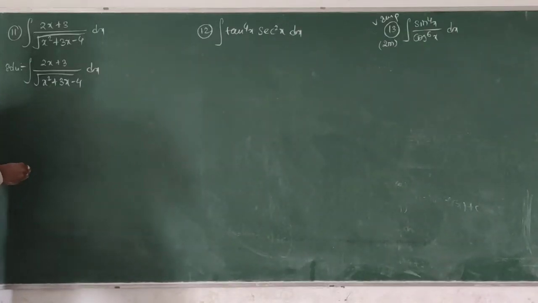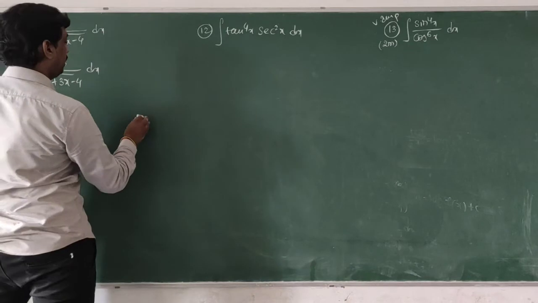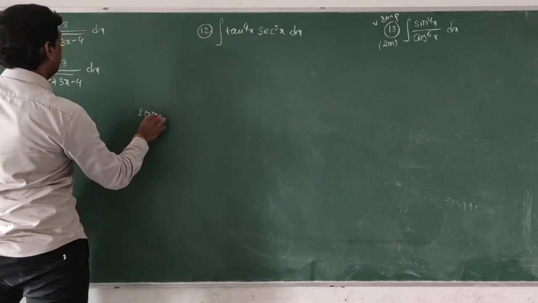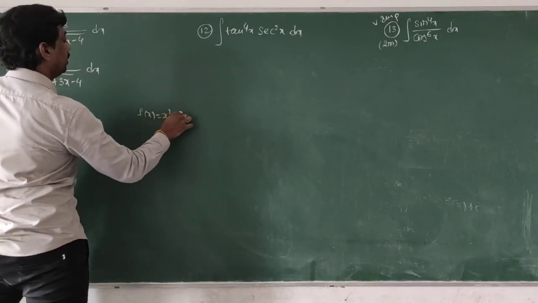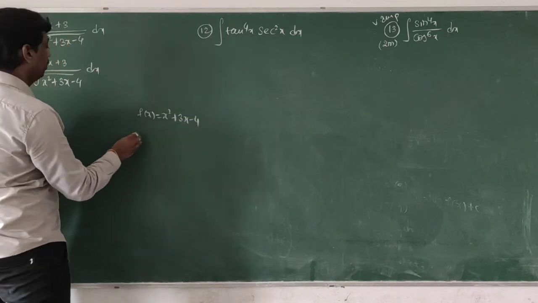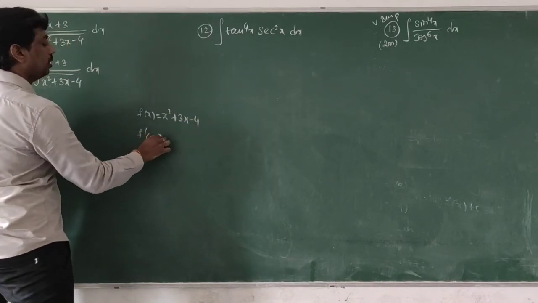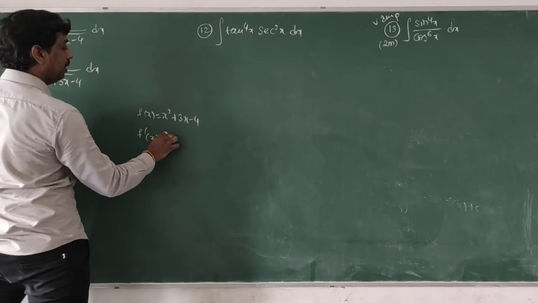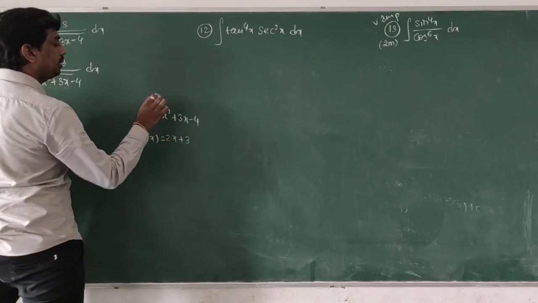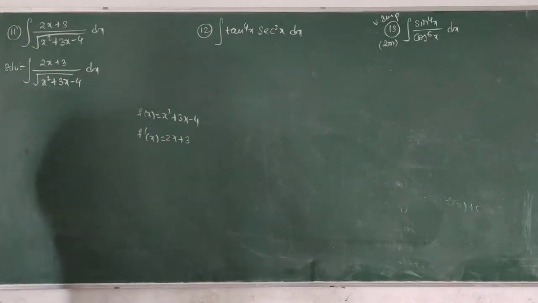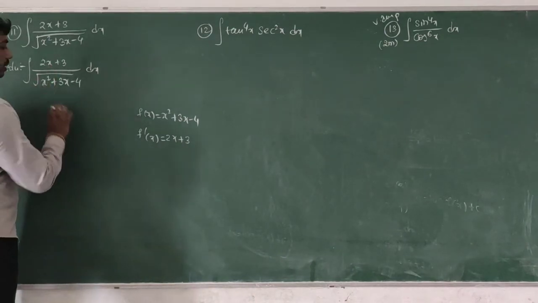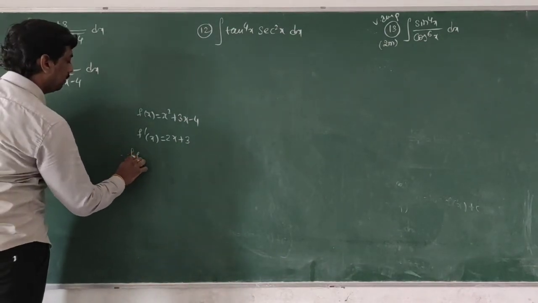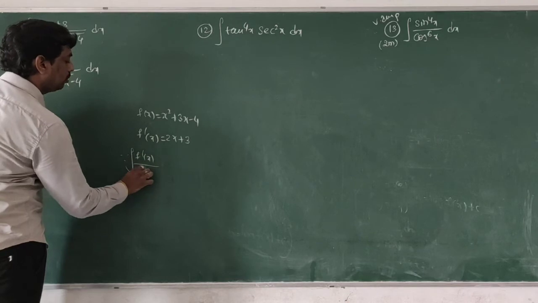So when we take f of x equal to x square plus 3x minus 4, then the derivative f dash x is 2x plus 3. That is in the form of integration of f dash x by root f of x.